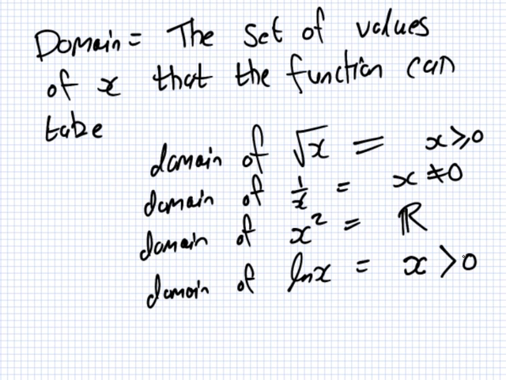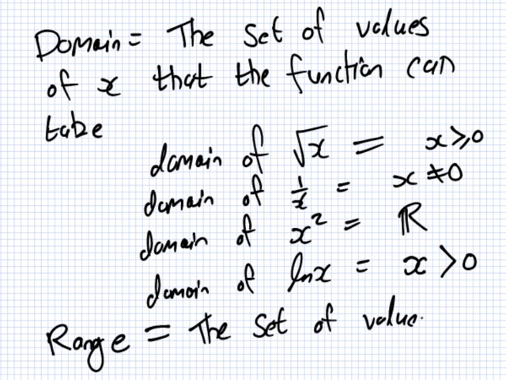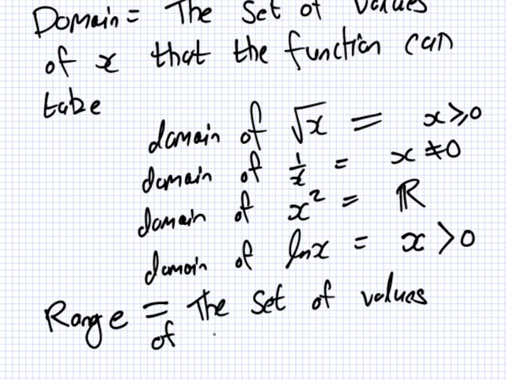That's all it is. Okay, so are you happy with what domain is? Yep. So there are only 2 definitions for this lesson. The next one is called range. So the range is the set, go on, have a guess, the set of values of... what could it be? Not x, we've just done x. The set of values that the function can give.